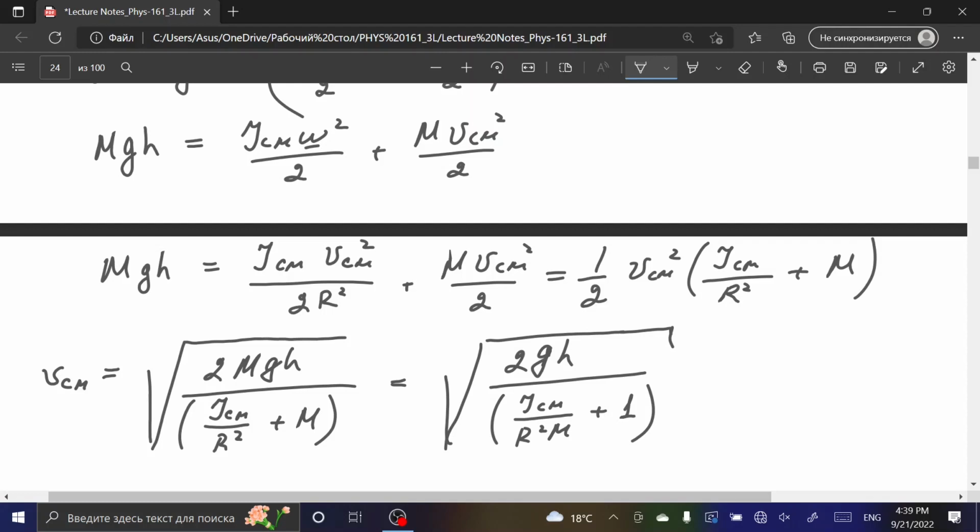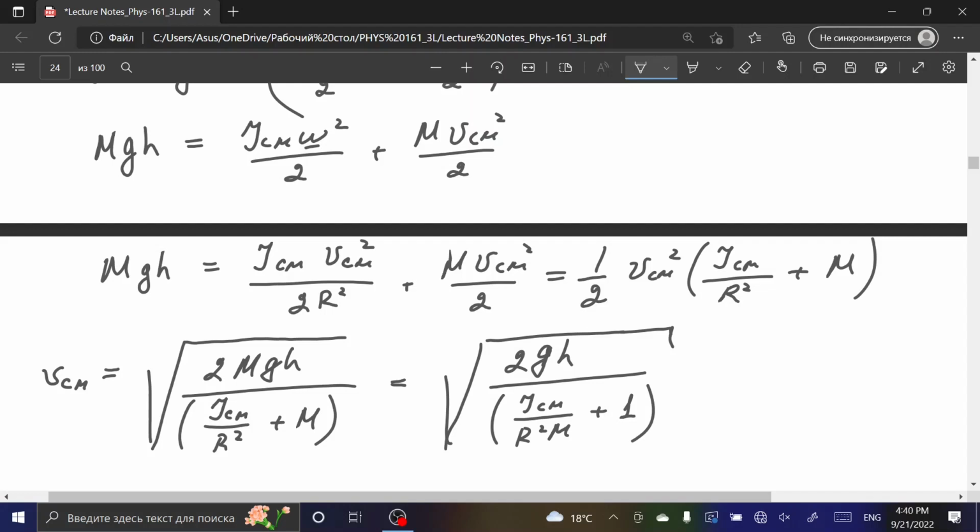Correct? Okay, good. So keep in mind that we have distribution between the potential energy and two types of kinetic energies, rotational and translational.